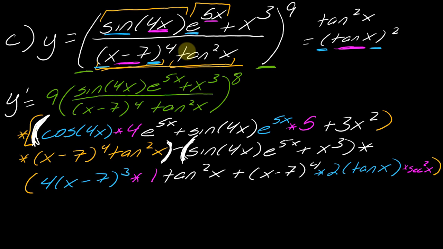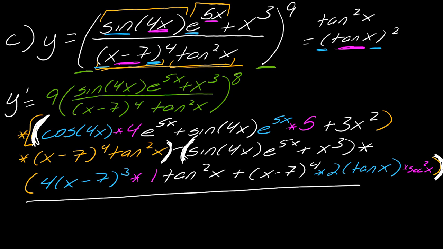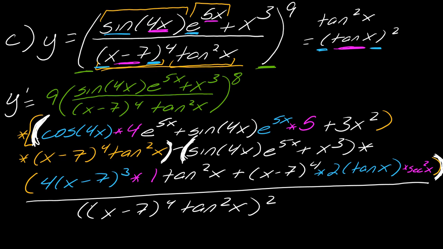This part here to this part here, this is the top function times the derivative of the bottom function. So I'm almost there, and so now I need to divide all of this by the bottom function squared.